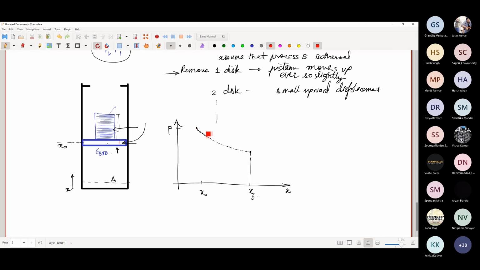So what will happen? Suppose the final equilibrium position is somewhere over here. This may fly off, and when it flies off, the pressure will be very low. So this is the X stop.